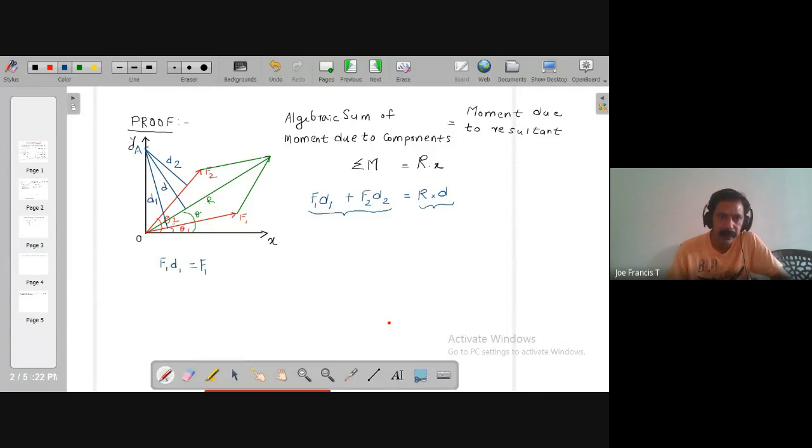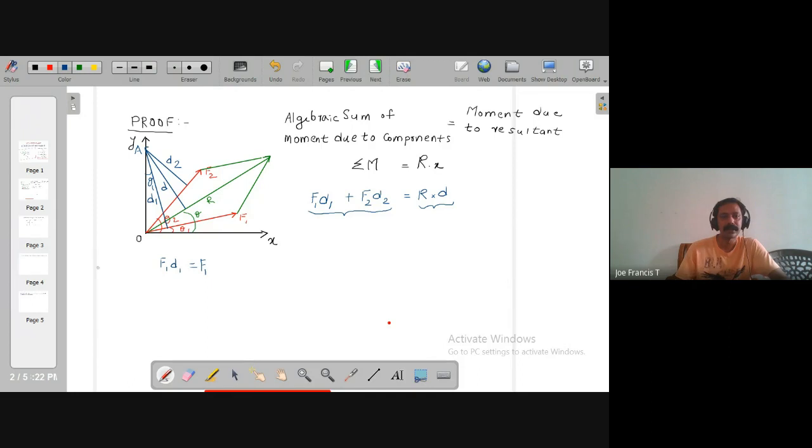Suppose this angle is θ1. If F1 makes an angle θ1 with x direction, what will be the angle made by its perpendicular with y direction? This angle here. How much will be that? Can someone tell me? This will also be θ1. If the other angle is θ1, this angle also will be θ1.